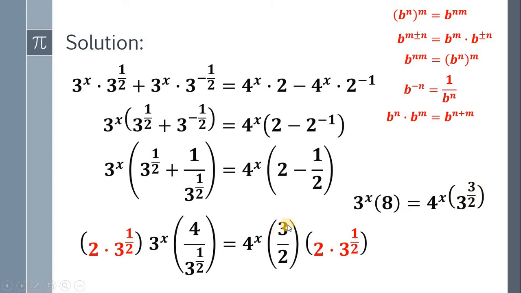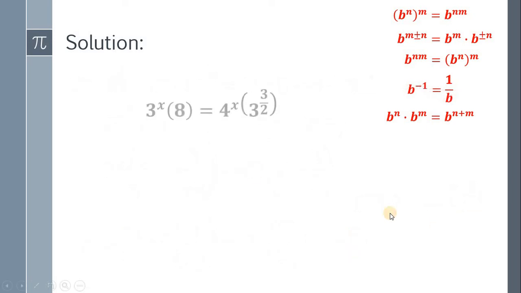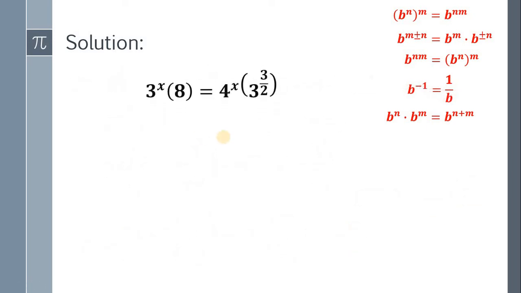Because 3 raised to 1 multiplied by 3 raised to 1 half, 1 plus 1 half will give us 3 over 2. Now at this point, we need to focus on this equation. Now, divide both sides by 4 raised to x multiplied by 8, and we will get 3 raised to x over 4 raised to x equals 3 raised to 3 over 2 all over 8.